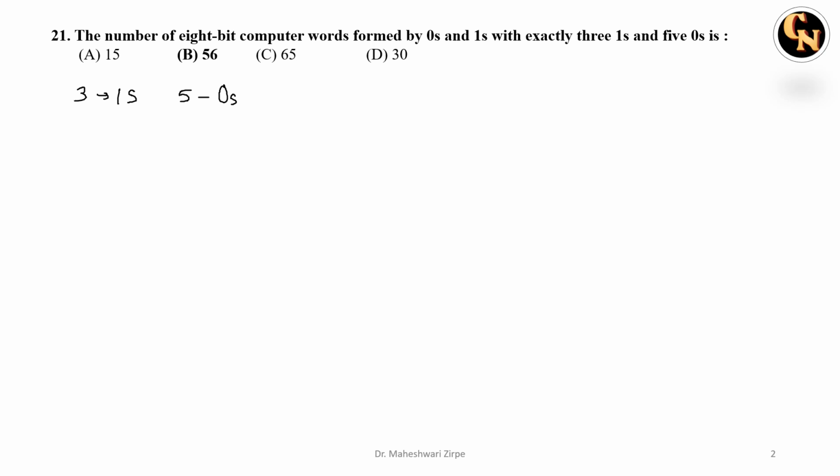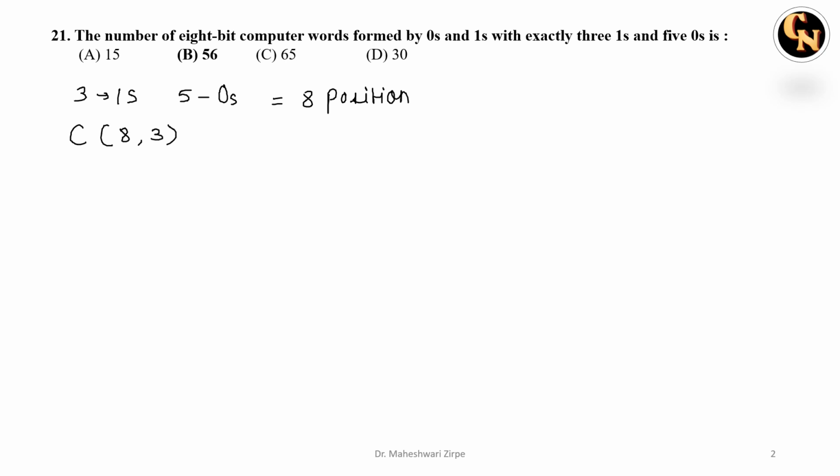So total basically how many positions are there? 8 positions. So out of 8 positions we have to select three 1s and five 0s. So basically it is a combination of 8, and out of 8 we have to select 3.